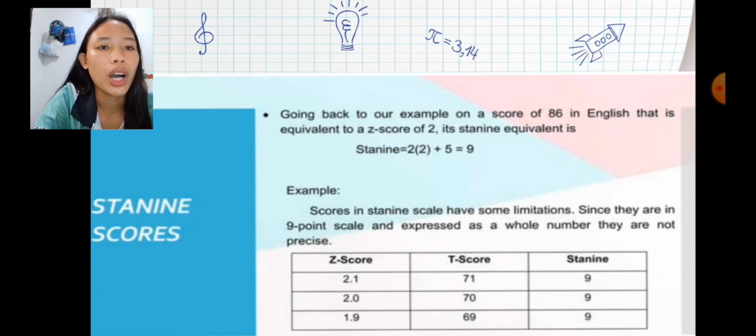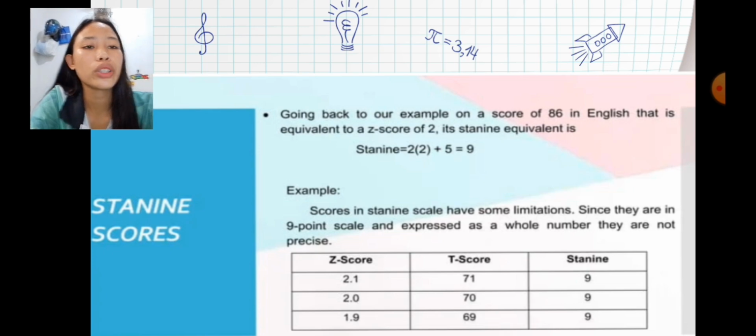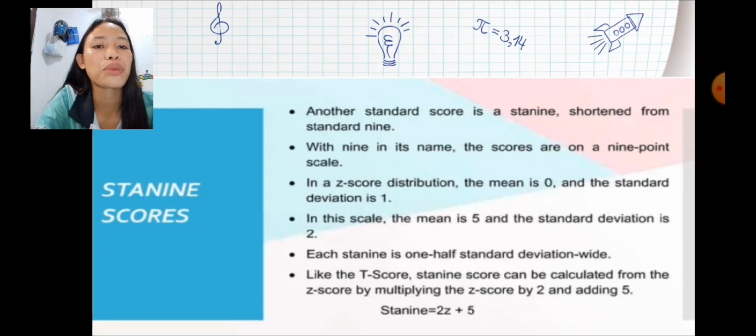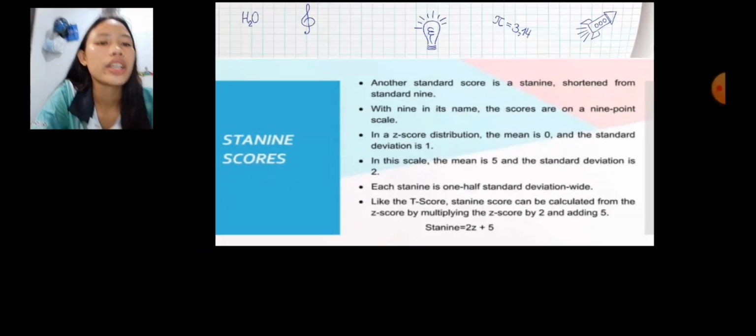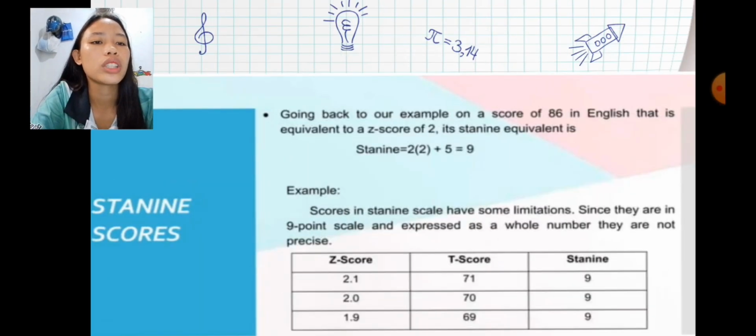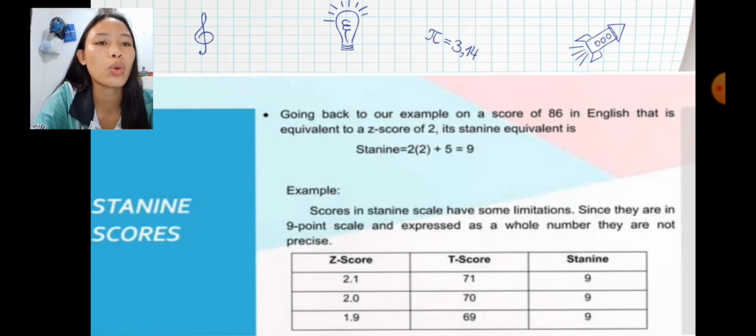So going back to our example, a score of 86 in English is equivalent to a z-score of 2. Its stanine equivalent is, using this formula, the stanine equals 2z plus 5, where the z-score is 2.